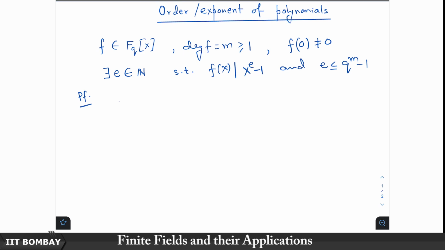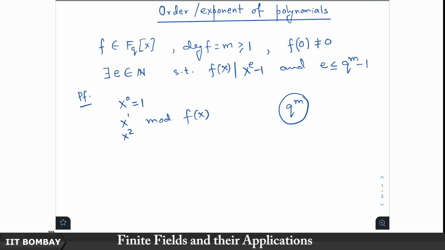We consider powers of x, x power 0 equal to 1, x power 1, x power 2, etc., but every time we take modulo f(x). Now, modulo f(x), how many polynomials are there? Which are basically all polynomials of degree less than m, and there are q power m such polynomials.